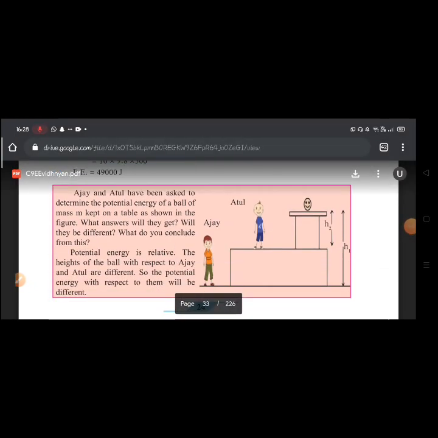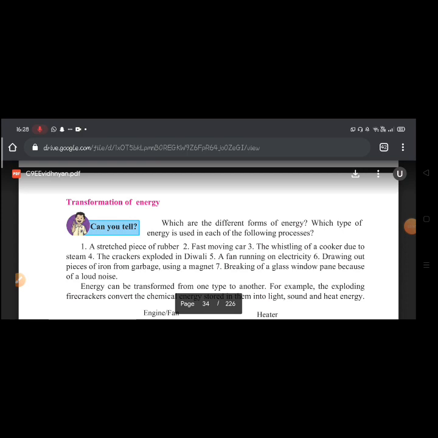Now let us continue with the transformation of energy.